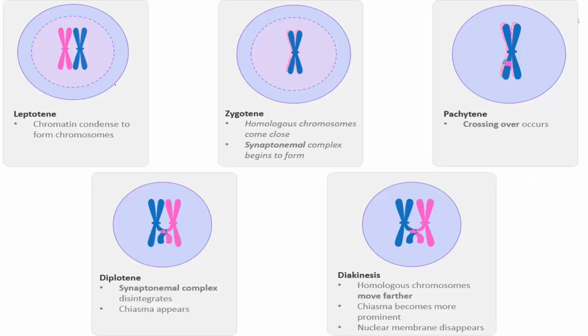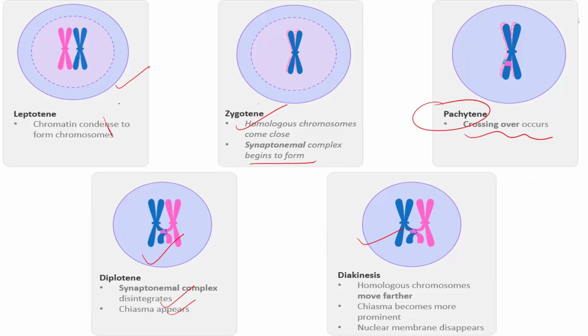So in leptotene, chromatin condenses to form chromosomes. In zygotene, homologous chromosomes come close and the synaptonemal complex begins to form. In Pachytene, crossing over occurs. In diplotene, the synaptonemal complex disintegrates and chiasmata appear. In diakinesis, homologous chromosomes move further apart and the nuclear membrane disappears.